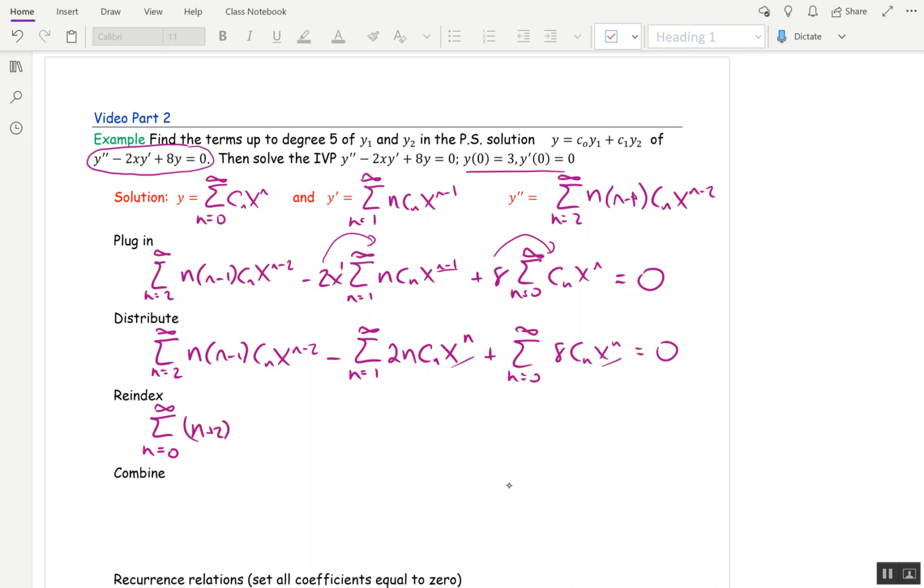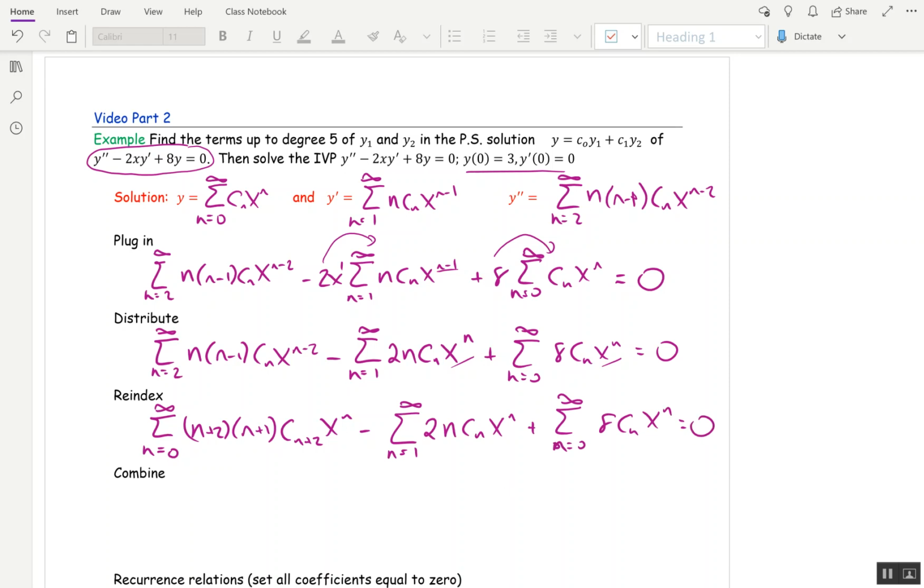So n plus 2, n plus 1, Cn plus 2, x to the n. And then the other power series remain unchanged. 2n Cn x to the n, and then n equals 0 to infinity, 8 Cn x to the n, and again that equals 0.